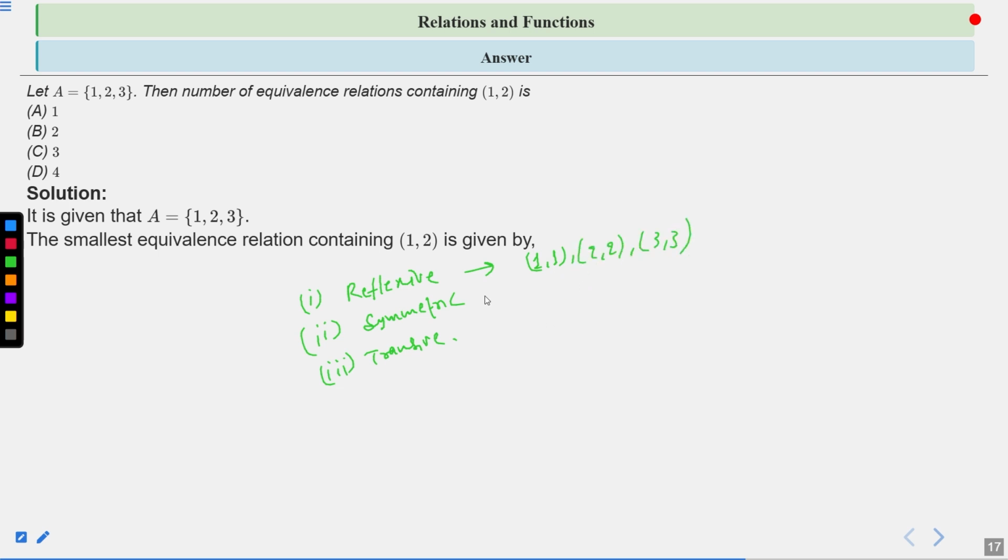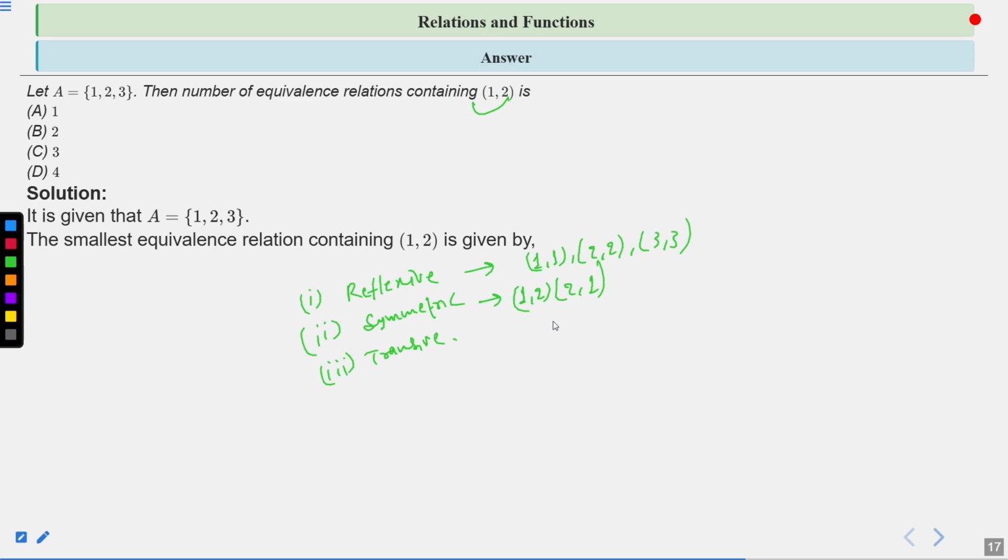For symmetric, we basically have to find the equivalence relation in which 1 2 must be present. So if 1 2 is present, then 2 1 must always be present for the relation to be symmetric.